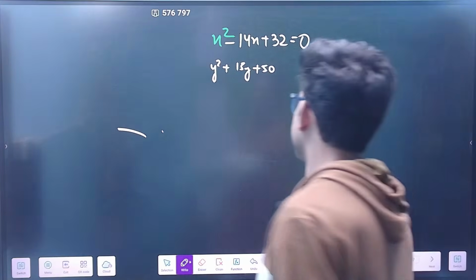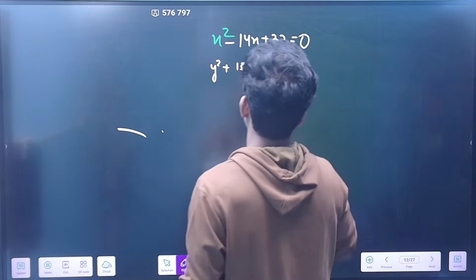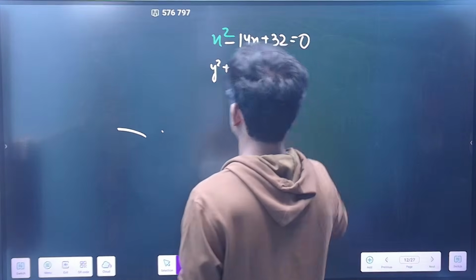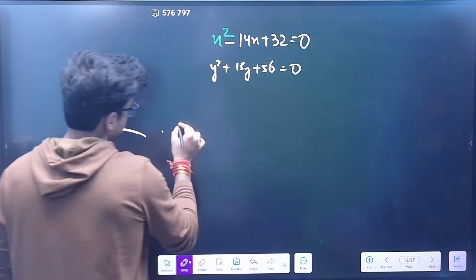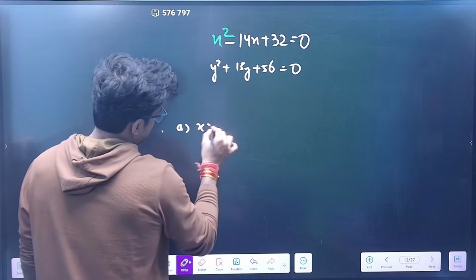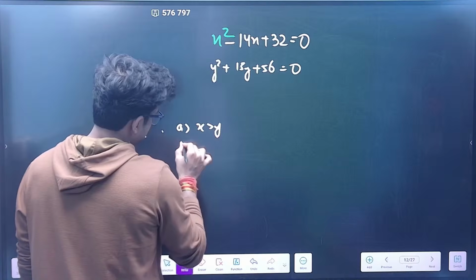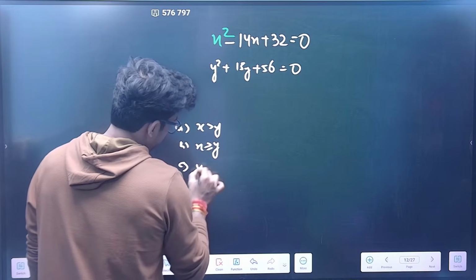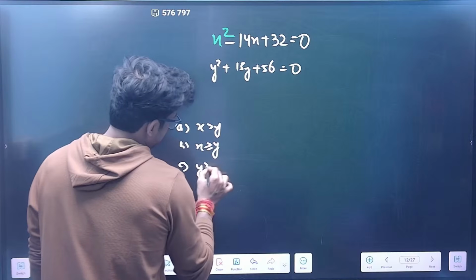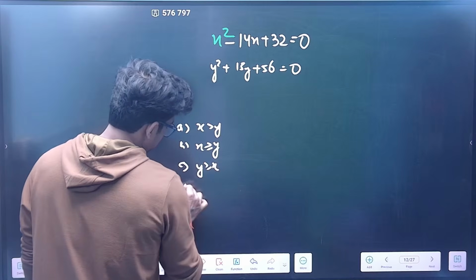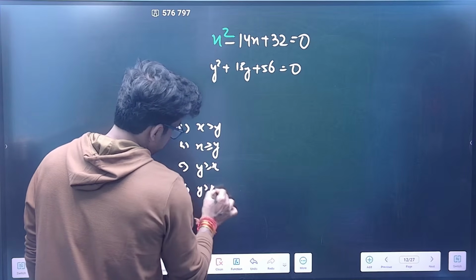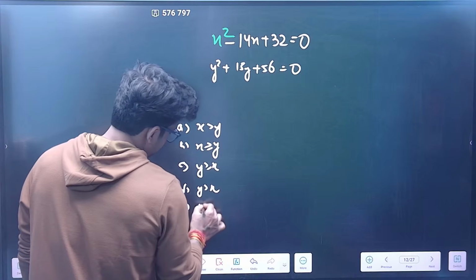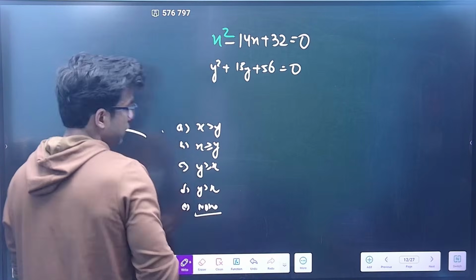Which could be the relation? First, x greater than y; second, x greater than or equal to y; third, y greater than or equal to x; fourth, y greater than x; and fifth, none. Solve.